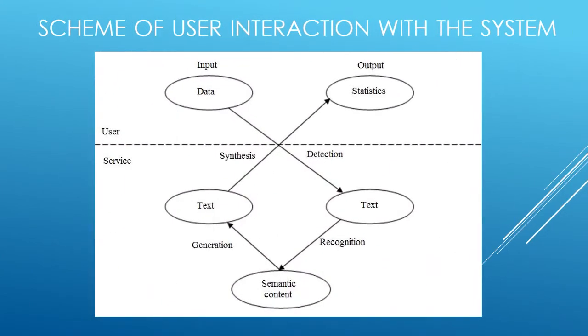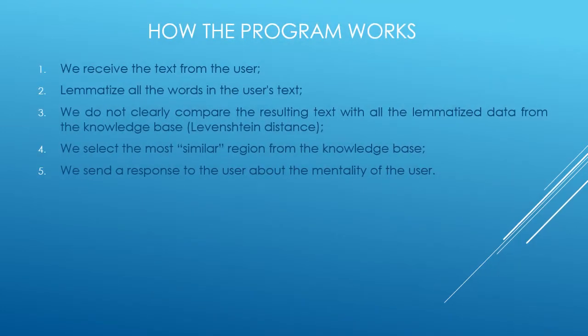In this scheme, you can see the user interaction with the system. How the program works. First, we receive the text from the user. Second, we lemmatize all the words in the user text.